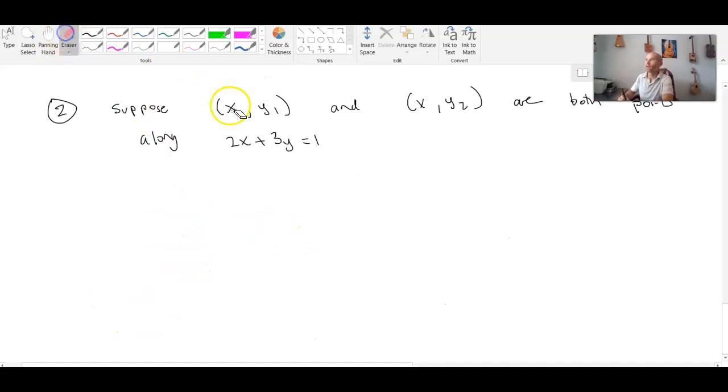Better yet, let's say that we've isolated some value of x. So we'll just call this c. (c, y1) and (c, y2) are both points along 2x plus 3y.